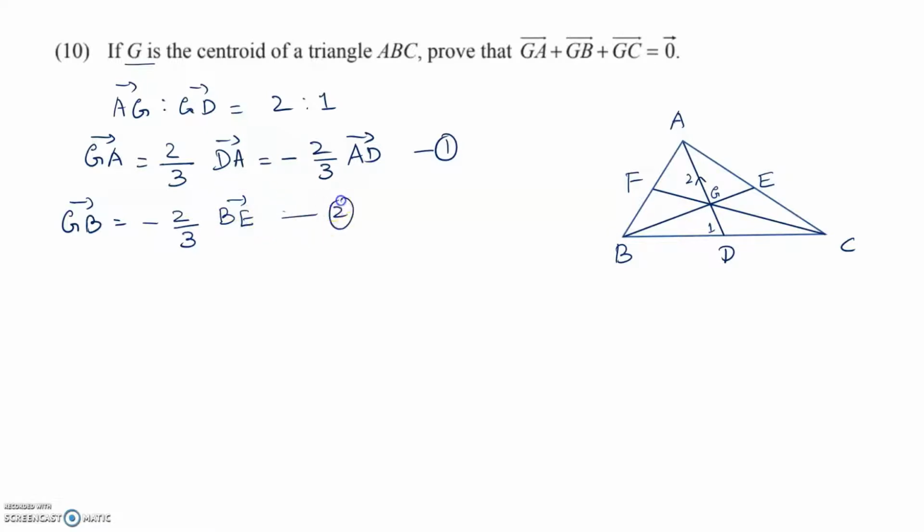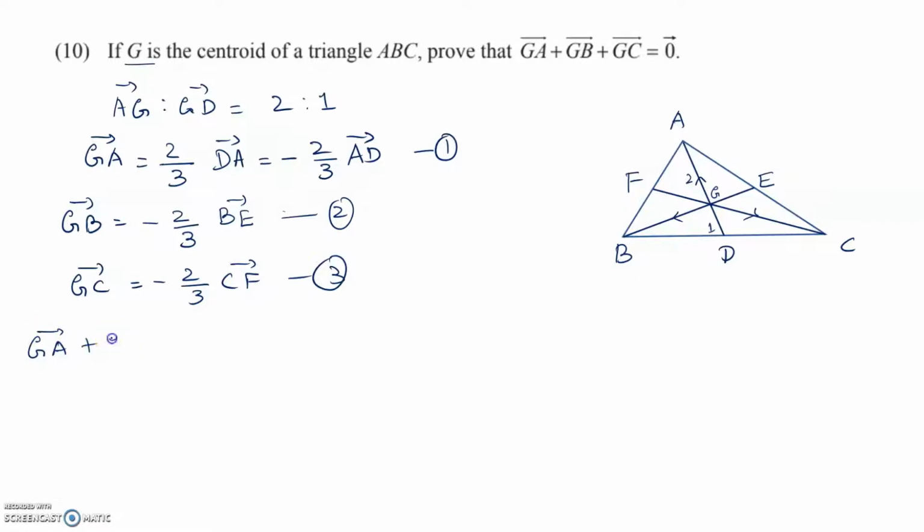This is number 2, and we can also show that our GC vector, let's draw the direction, will be 2/3 of CF vector, or minus 2/3 of CF vector.